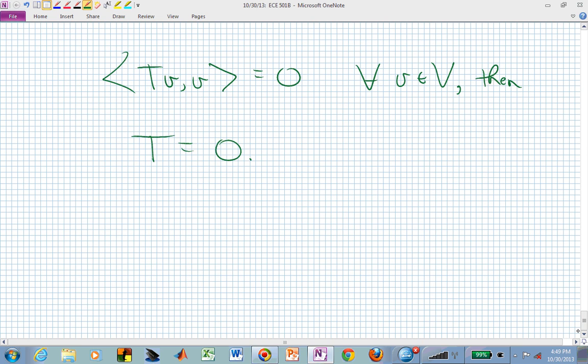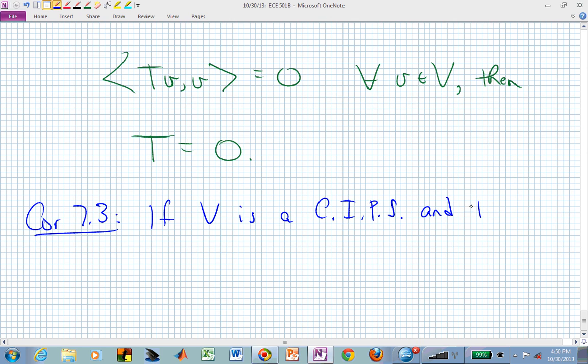What's another result? Corollary 7.3. If V is a complex inner product space, and T is a linear map on that complex inner product space, then T is self-adjoint, and you were asking, is our operator self-adjoint, or how did we know that?